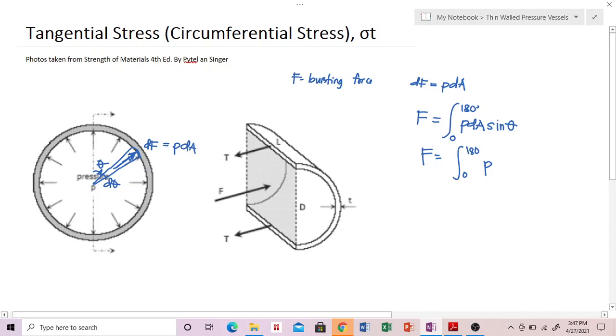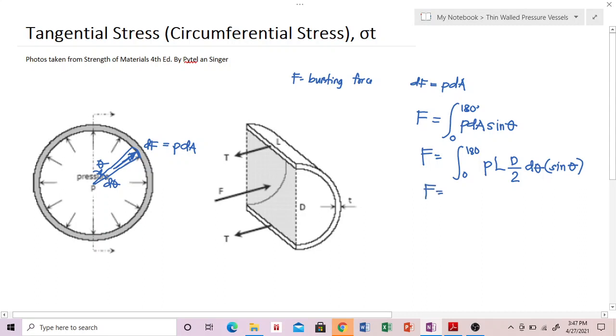So, that is equivalent to L. What is length of an arc? Diba? Length of an arc is equivalent to the radius multiplied by the central angle. And the radius is equivalent to D over 2, considering yung diameter. So, D over 2 multiplied by D theta. Because D theta is the central angle of that element na kinoconsider natin. Then, multiplied by sine theta.